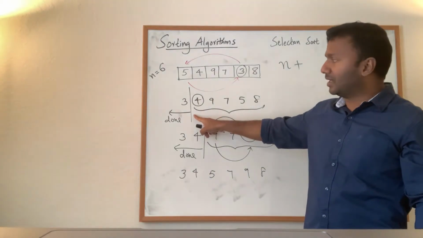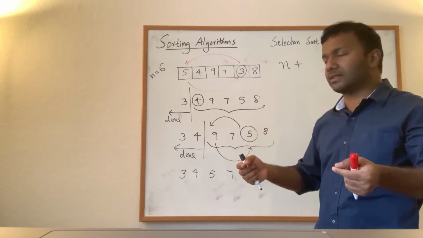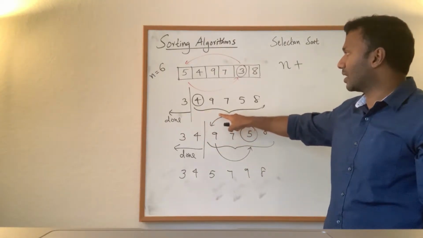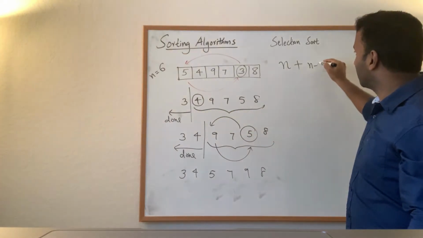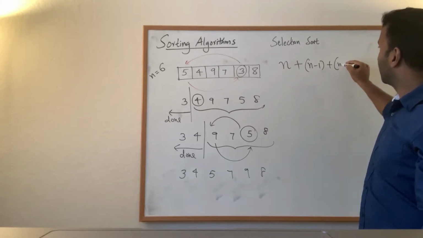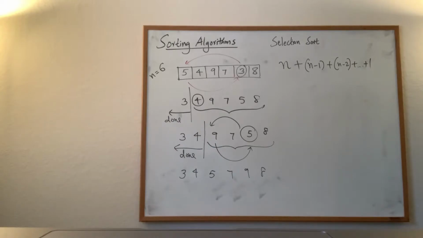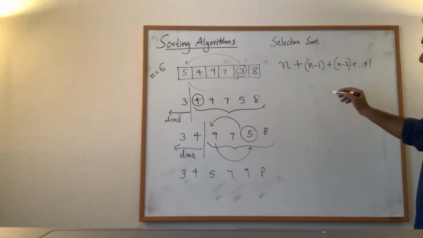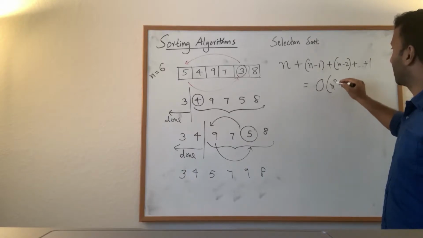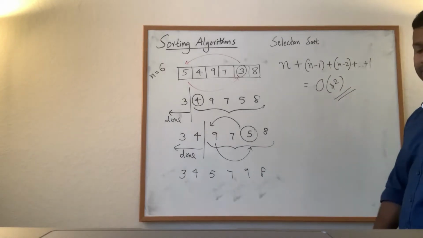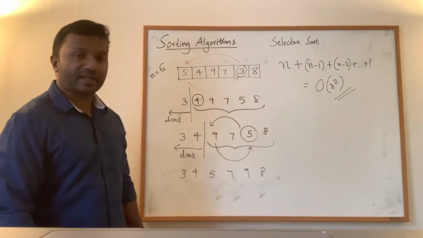The second step needs the same procedure, but on an array of size n minus 1. So the second step will need n minus 1, third is n minus 2, dot dot dot, and the last step will need 1. If you sum this up, this is big O of n squared. So that is the complexity of selection sort.